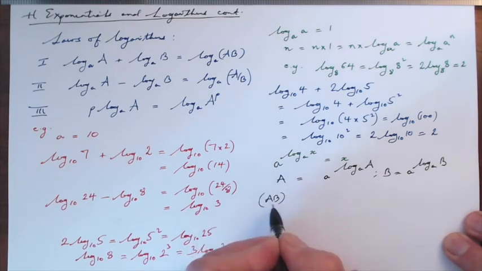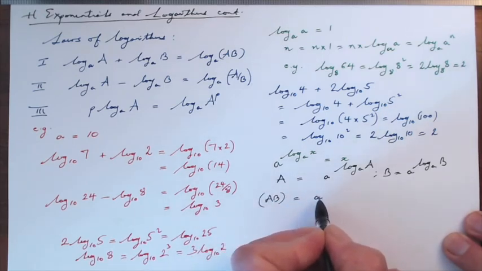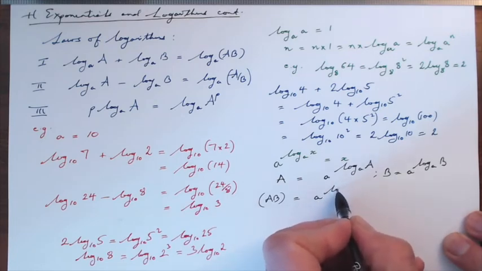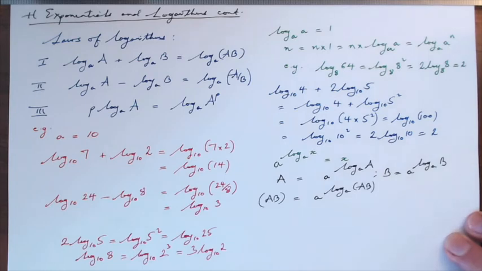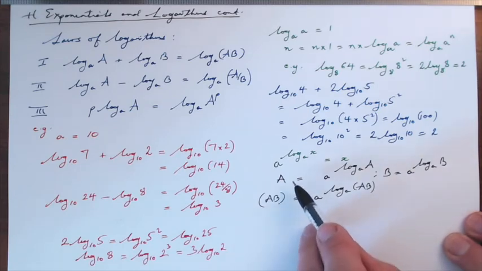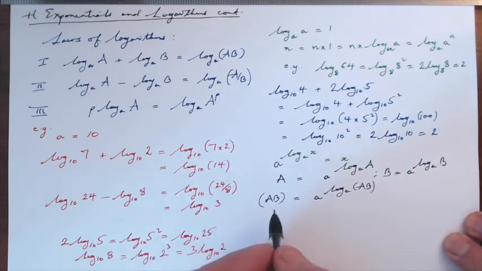I can just say the product AB is the base a raised to the power of log to the base a of that product. So I have an expression for the product in terms of a to the log of the product, but I can also form the product explicitly from these expressions.